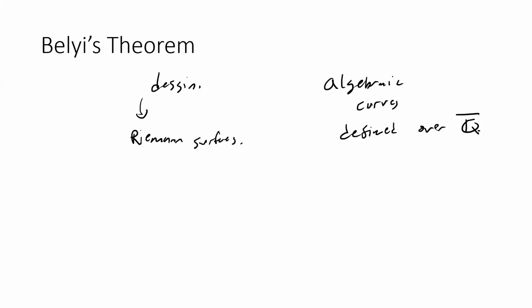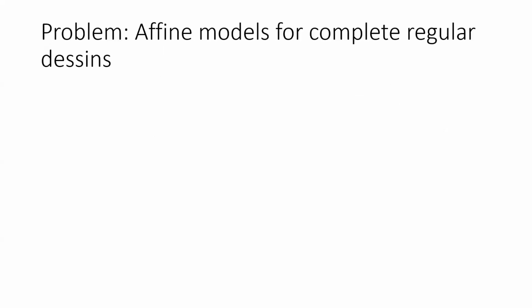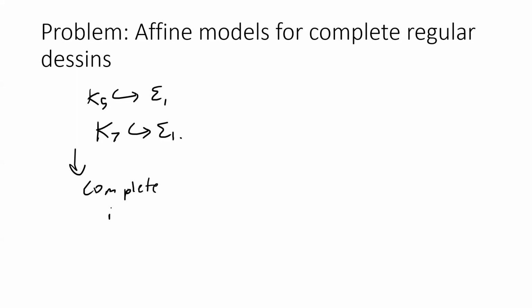And so I have this question. I have these complete regular dessins coming from the bipartification of a complete regular map. So for example, K5 embedded inside of the torus, or K7 embedded inside of the torus. And then I take the bipartification of those to get what I'm calling complete regular dessins.